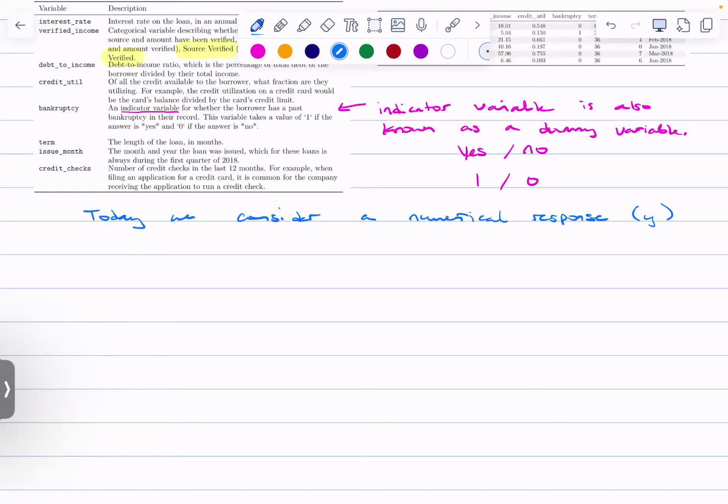And so we consider a numerical response Y with a categorical explanatory variable X. Okay. We're going to start with an indicator variable.